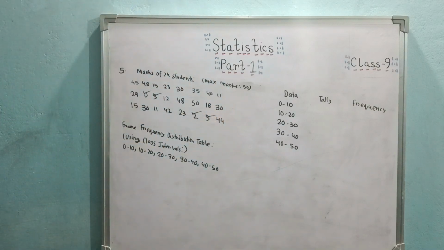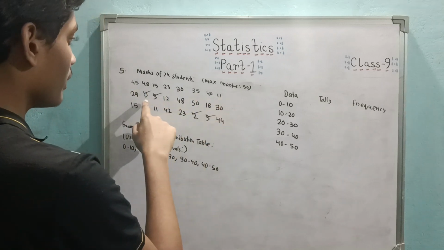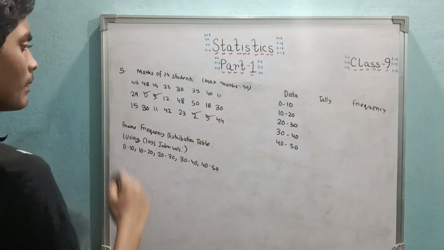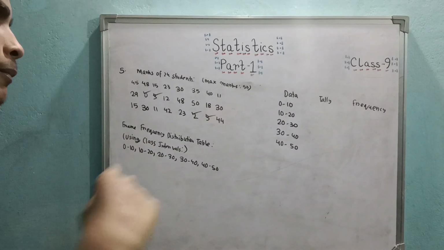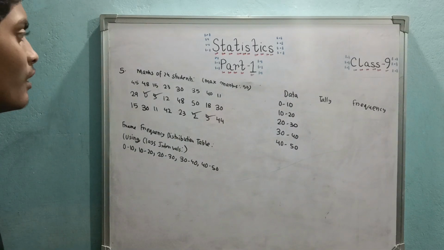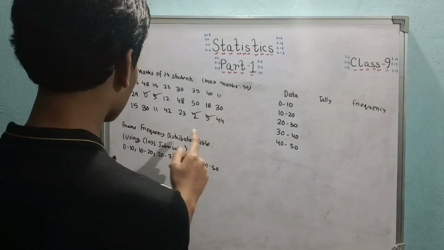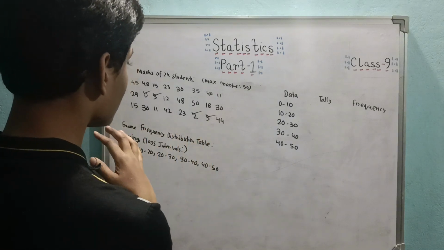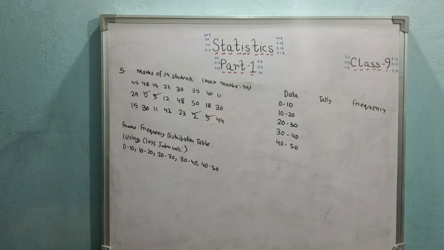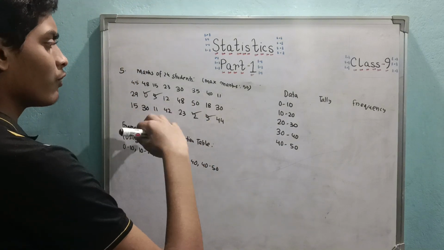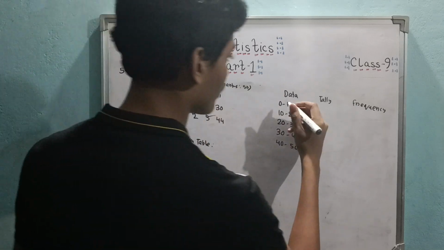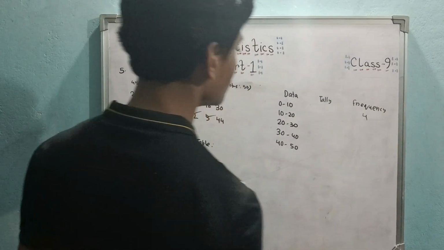Repeated values will count here. So 4 numbers are there between 0 and 10, including 0 and up to 9, excluding 10. 10 is not there. So the frequency of this range is 4.